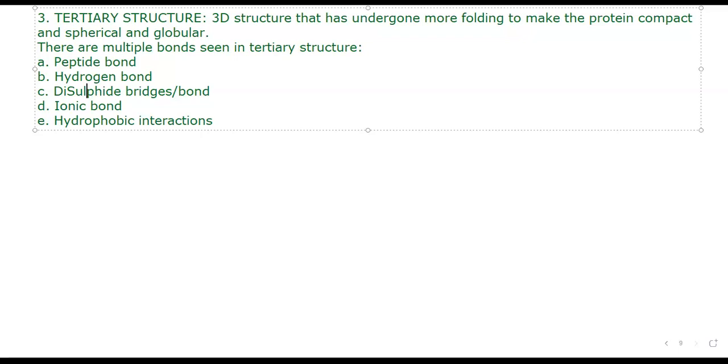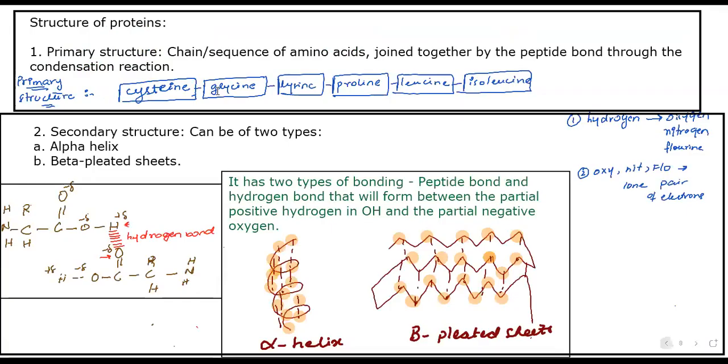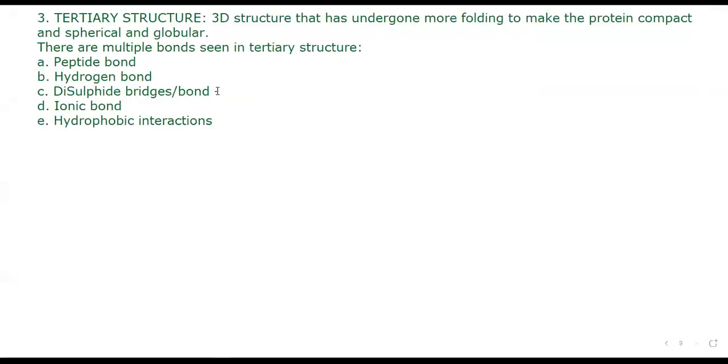Let's talk about disulfide bonds or disulfide bridges. Remember, I told you the amino acid that contains sulfur is known as cysteine. So this disulfide bond will only form between the amino acids that have sulfur. Cysteine is the only amino acid.